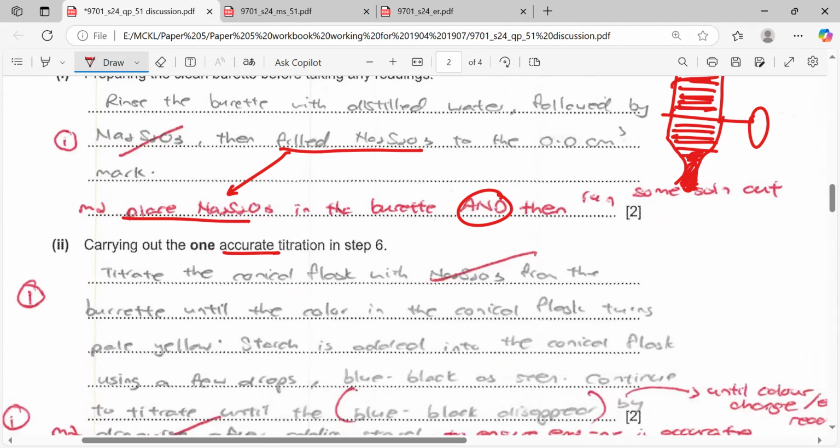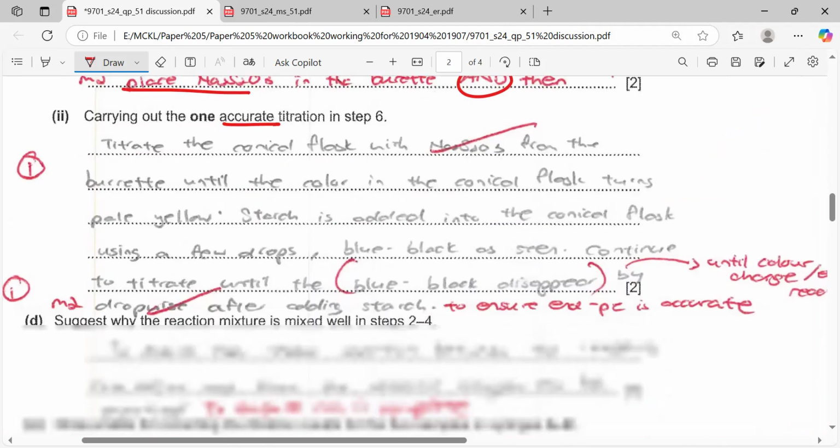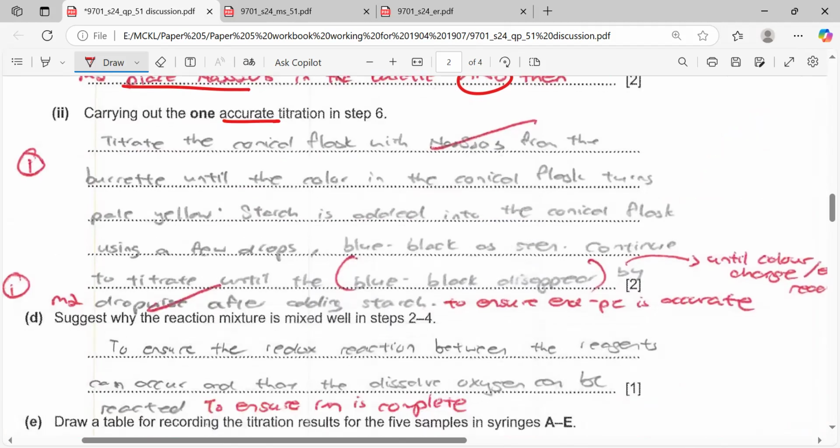So from brown color, it will turn orange, then it will turn pure yellow. Then when it reaches pure yellow, we add starch into the conical flask. Therefore, blue-black will be seen. Continue to titrate until the blue-black disappears, dropwise. So when you are almost reaching your endpoint, you must do dropwise.